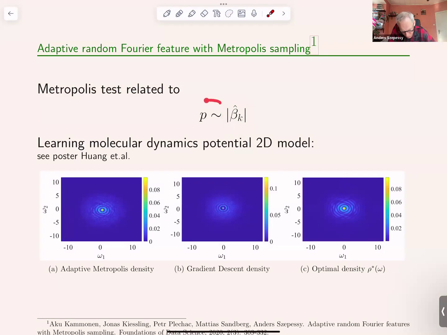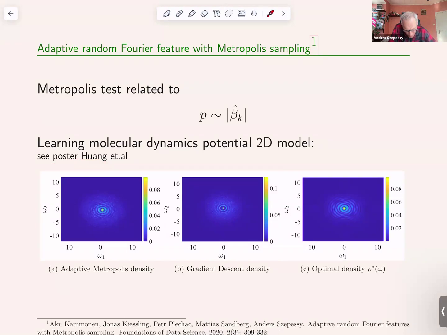So one could hope that one could sample something that approximates the optimal by using the computed amplitudes. And this is done in a poster by now in the conference, by Huang and other authors in our group.